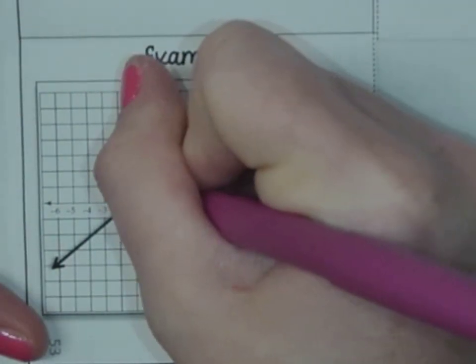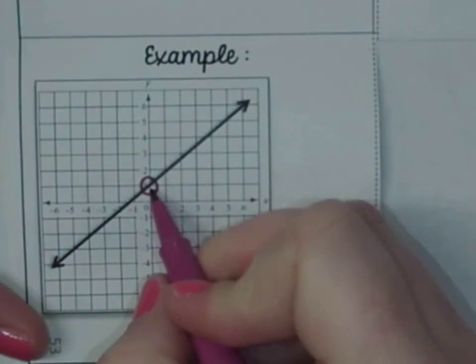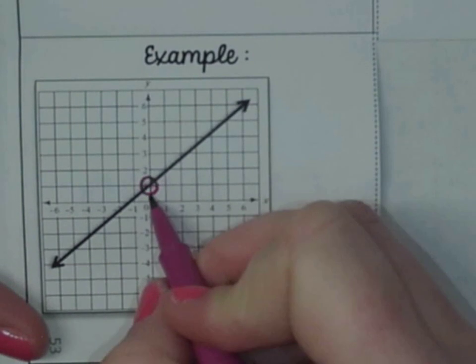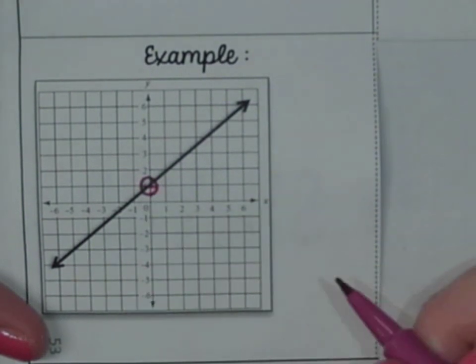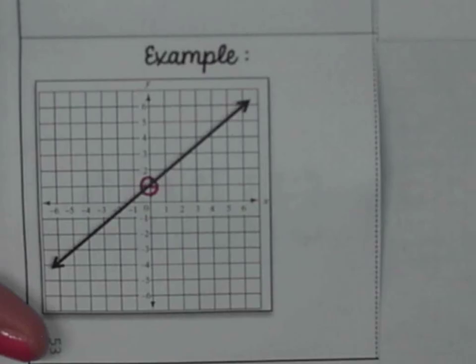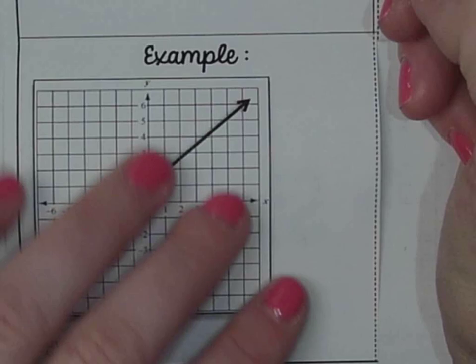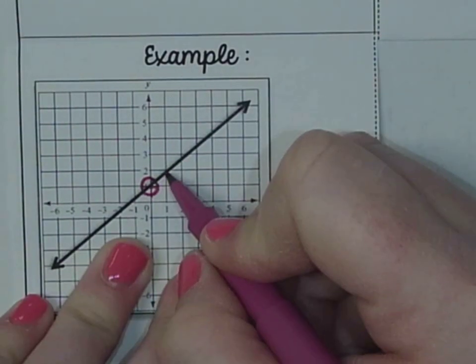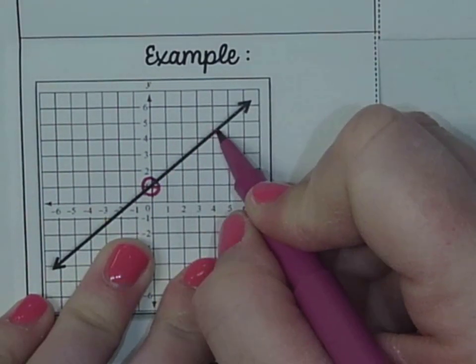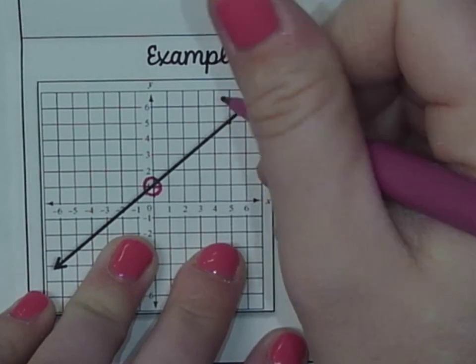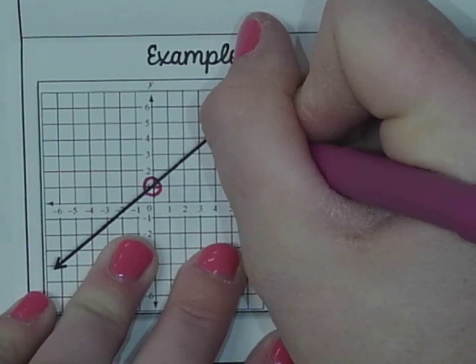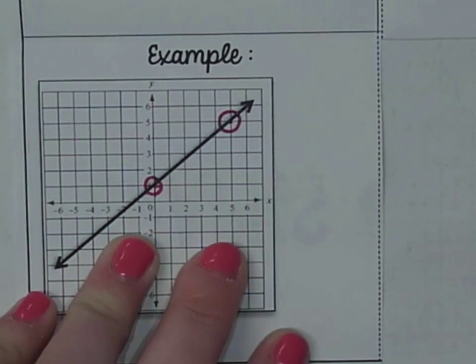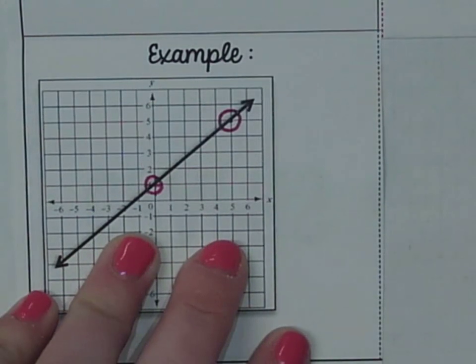We definitely see this point right here. You're looking for where they cross that grid, and you know exactly what point it is. Let me see if it'll focus a little bit. There we go. And then you want to look for the next point, so right there. So I'm going to do those 2 points.